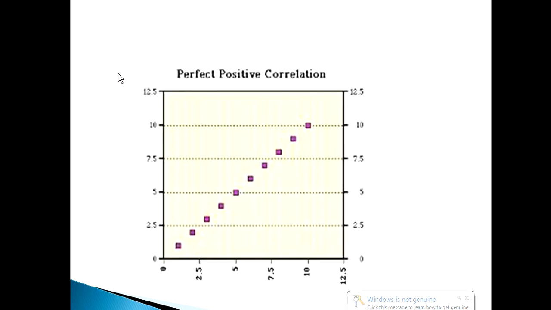We'll see now. The perfect positive correlation will be when the result of R is positive 1, and here you can see the line moves from down to up.